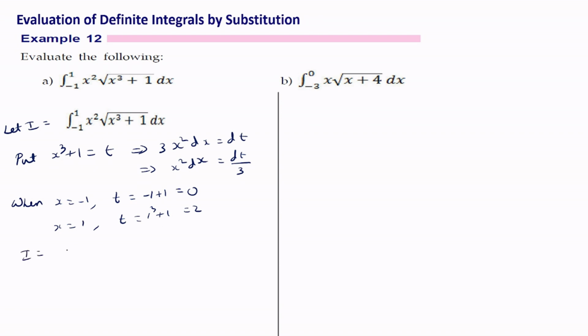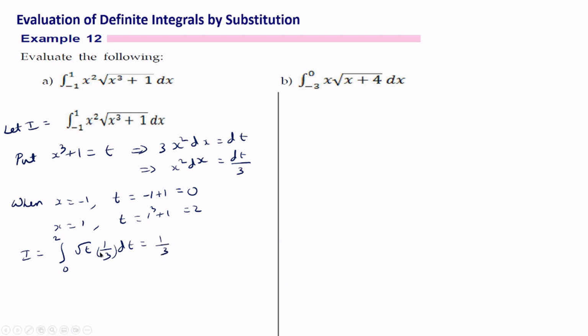As a result, the given integral becomes the integral 0 to 2. In place of x cube plus 1 we have t, so root t, and in place of x square dx we have dt by 3, into 1 by 3 dt. So 1 by 3 we can take outside.